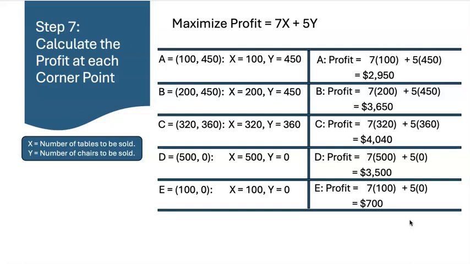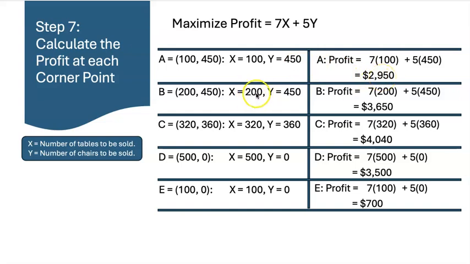So this would be the profit at each point. X represents tables, Y represents chairs. So if we sell 100 tables and 450 chairs, our profit will be 2,950.